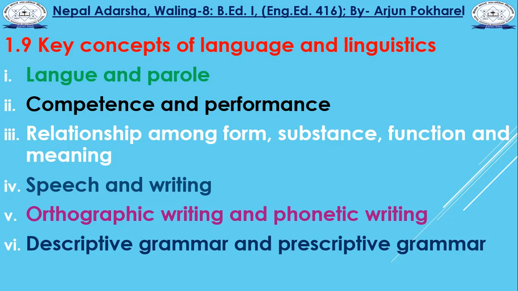But in prescriptive grammar, we prescribe the rules to create correct grammatical sentences. That's why descriptive grammar and prescriptive grammar are two different approaches to grammar. These two different approaches of grammar are known as what? Descriptive grammar and prescriptive grammar.